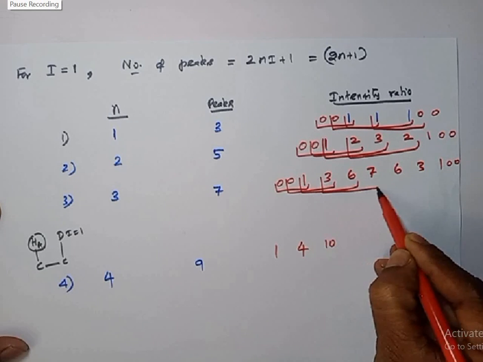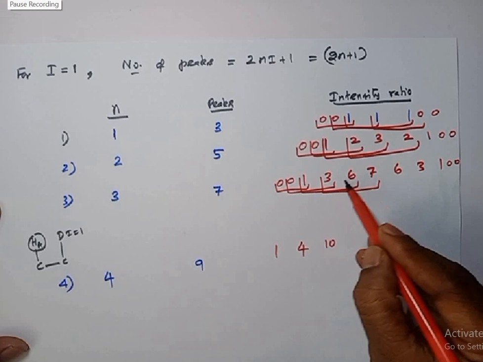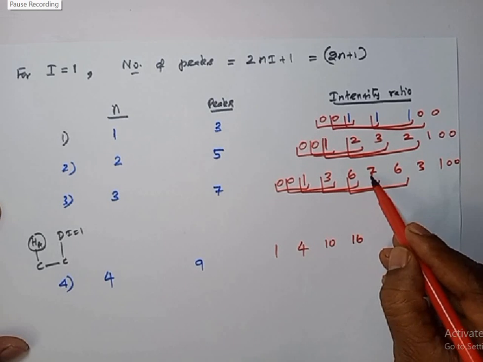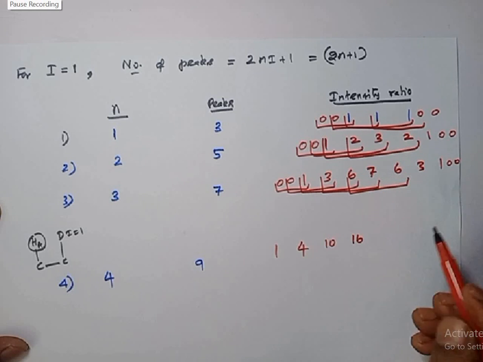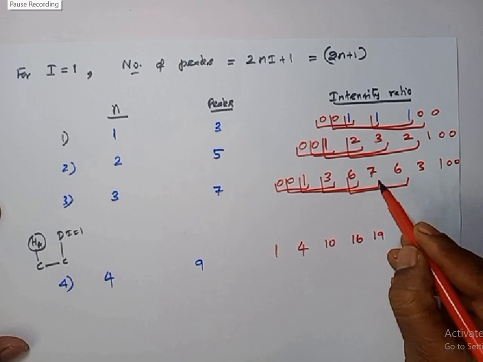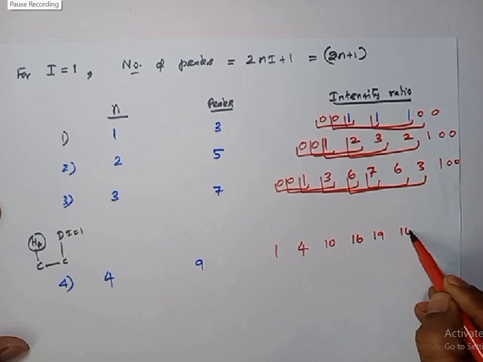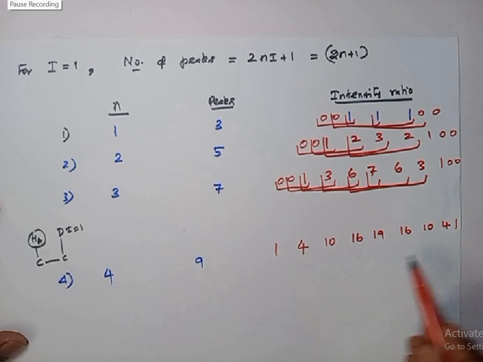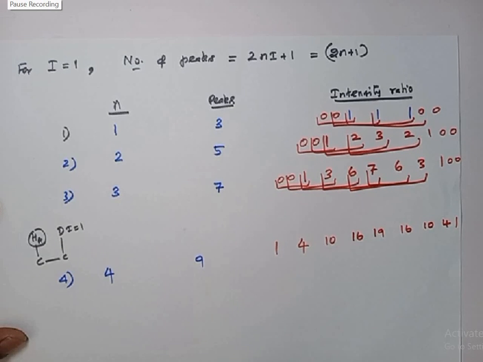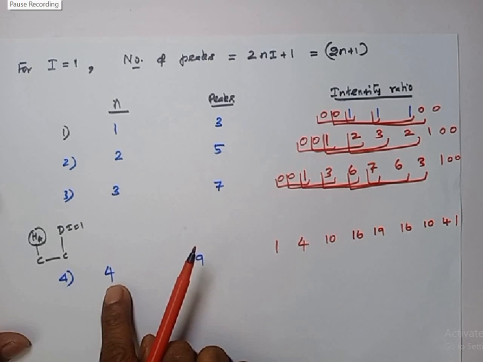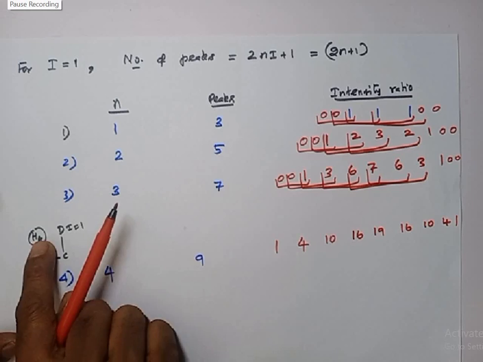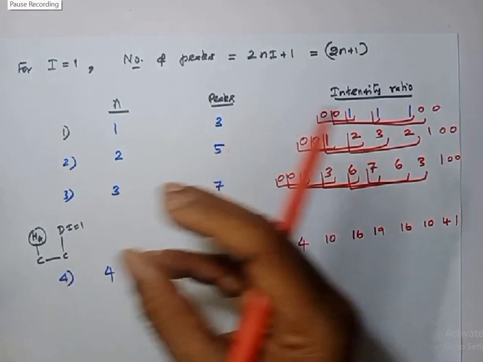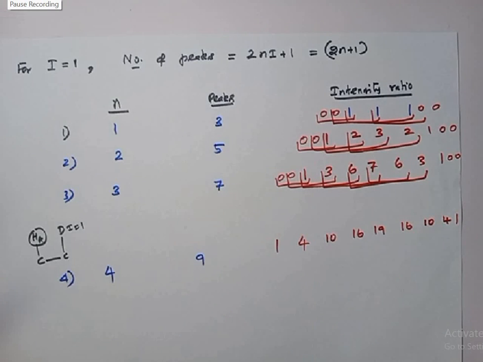Next 3 numbers, 7 plus 3, 10, 16. Next 3 numbers, 7 plus 6, 13. 13 plus 6, 19. Then again 16, 10, 4, 1 we get. This is the intensity ratio for these 9 peaks due to the splitting of the Ha signal by 4 equivalent nuclei present on the adjacent carbon whose I value is 1.